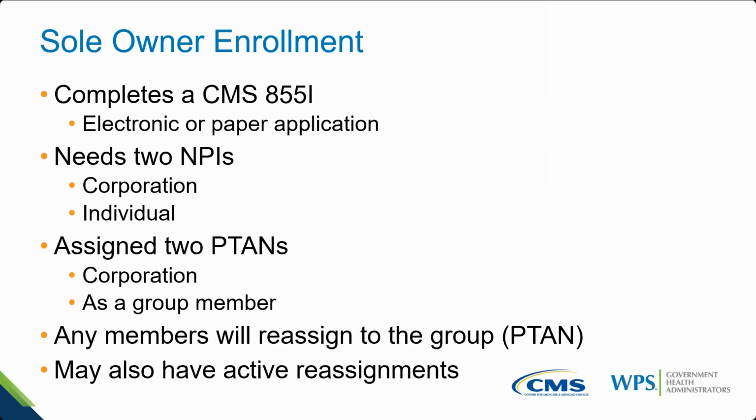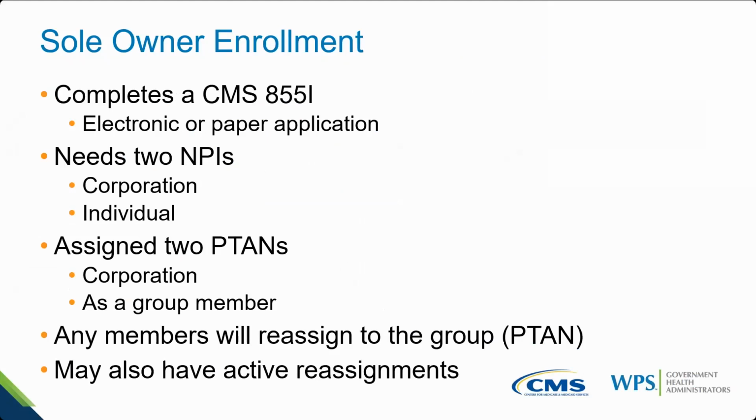When we process that application, we are going to assign 2 PTANs. We are going to assign one for the corporation, and it's going to look a lot like a medical clinic, except it'll only have one owner. And then the provider themselves will get a PTAN as a group member, reassigning to their corporation. So again, these setups look a lot like a medical clinic with members, but the difference is there's one owner.